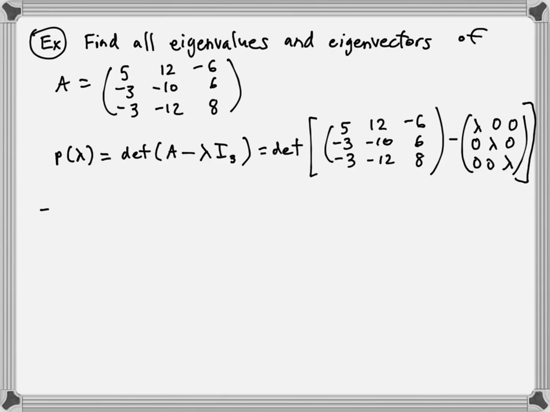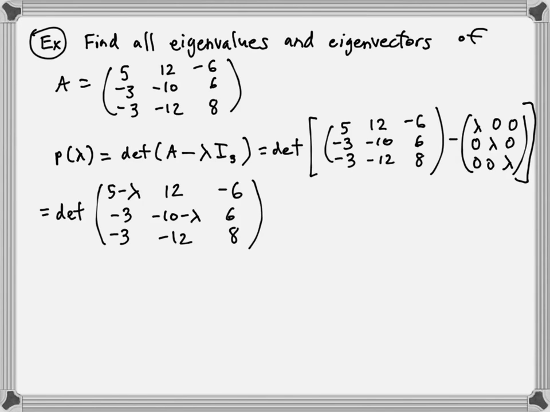What do we end up with? We end up with the determinant of 5 minus lambda, -3, -3, 12, -10 minus lambda, -12, and -6, 6, 8. So this is the determinant that we're taking. This is going to be a very common thing that we do all the time, so we just need to get used to this.